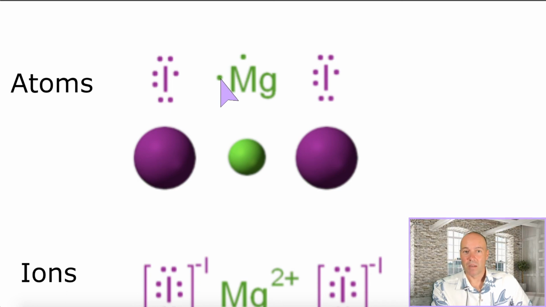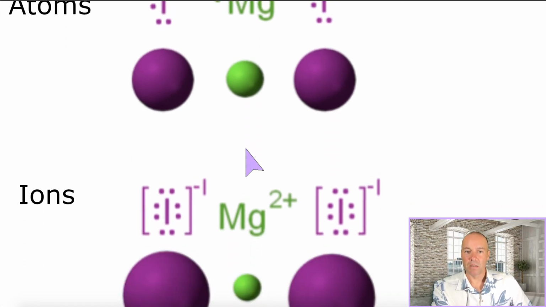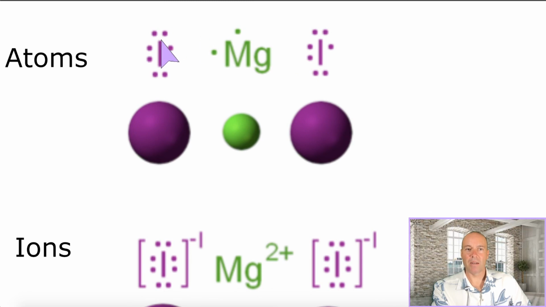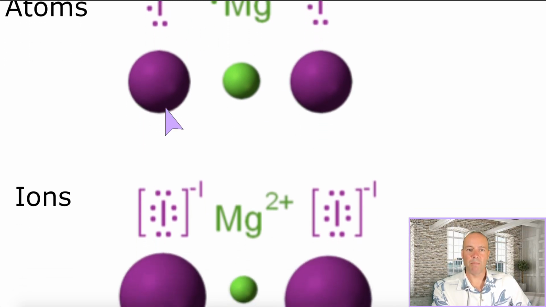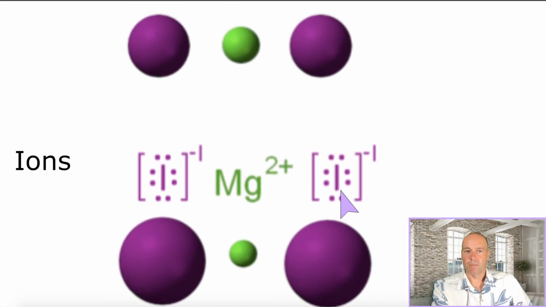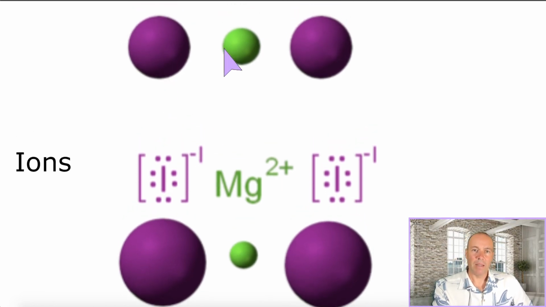So this electron goes over here, and that electron goes over there to another iodine, and now magnesium is missing its 2 valence electrons. So it becomes a +2 charged cation, and each iodine gained one electron, they both become -1 charged anions. Now, when atoms gain electrons, they become a little bit bigger.